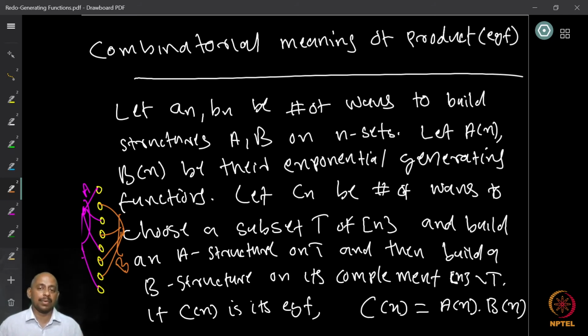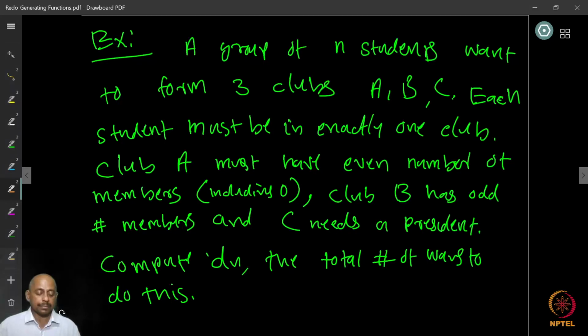And Cn is the number of ways to first partition the n element set into two parts, like one subset and its complement, and on the first set I build a type A structure, and on the second part I put a type B structure. This is counted by Cn, then C of x is equal to A of x times B of x.